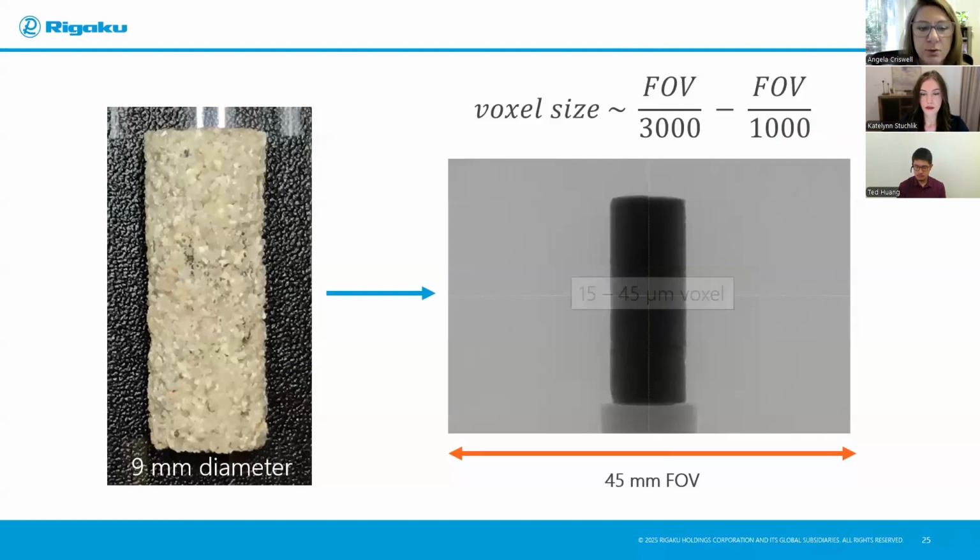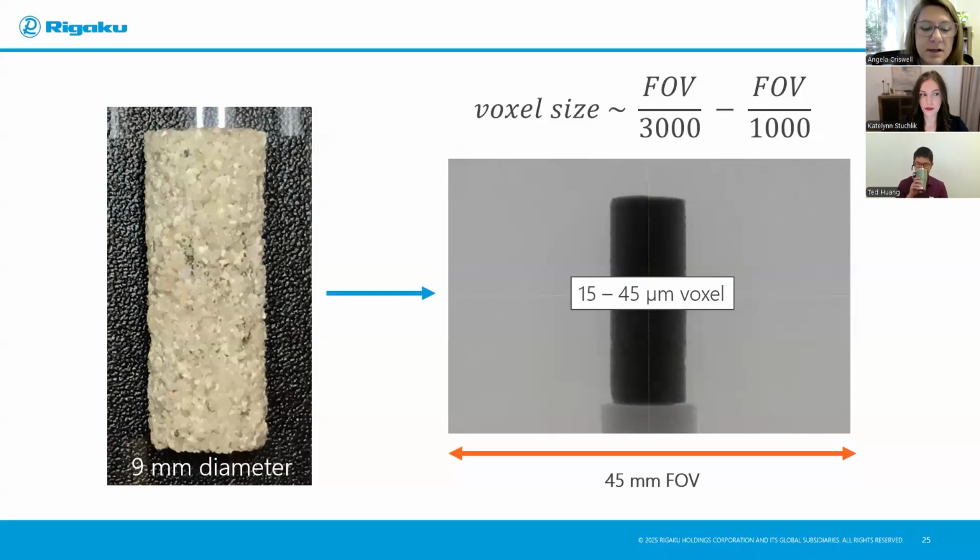Using that rule of thumb, a data set collected at this field of view will generally give me a CT scan with 15 to 45 micron voxel sizes. And this difference usually depends on how you reconstruct, or what reconstruction resolution you use.